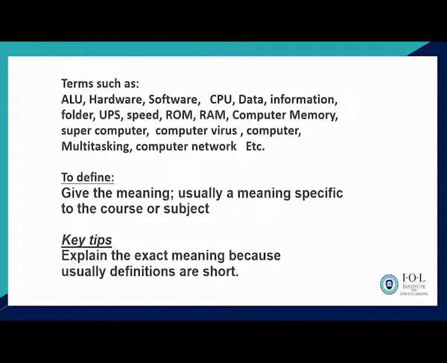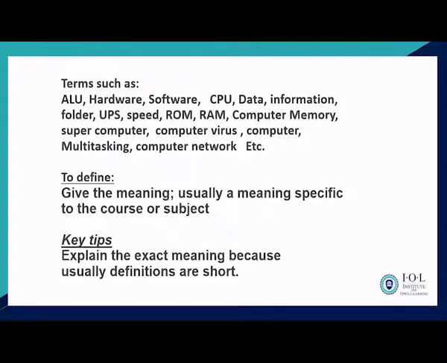For example, I can say read-only memory is a memory that contains instructions that enable the computer to boot. That is an explanation of it. I can also explain random access memory. It's a memory where loaded programs that are currently running are.